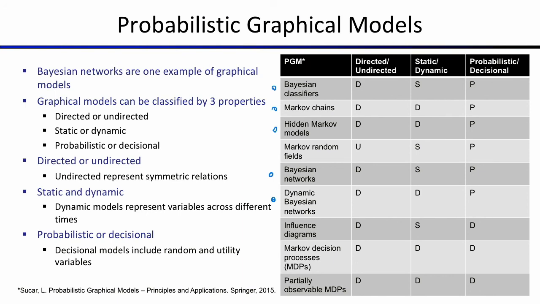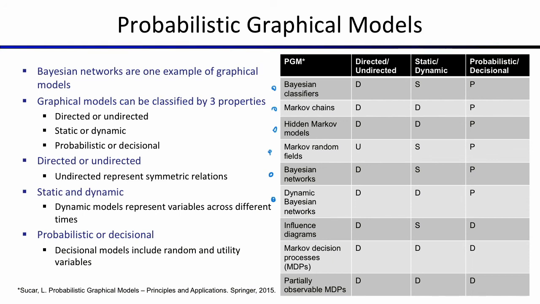The hidden Markov models is a little bit more common to see, and it's going to be a chain of two sequence of nodes. One that's hidden to us, you're going to ask questions about those nodes, and the one that we can observe. We have the Markov random fields. There are undirected graphs, also static, very common in image processing.